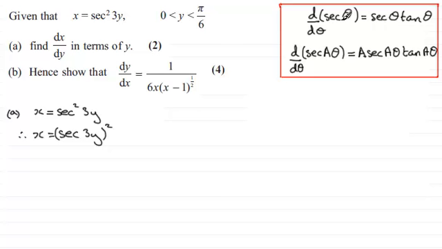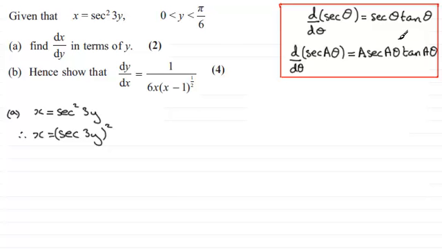But with all trig functions, if you've got a constant with your theta, let's say that constant is a, the differential with respect to theta of sec a theta is a sec a theta tan a theta. We get this constant at the front here by using the chain rule, so do check that out, okay?